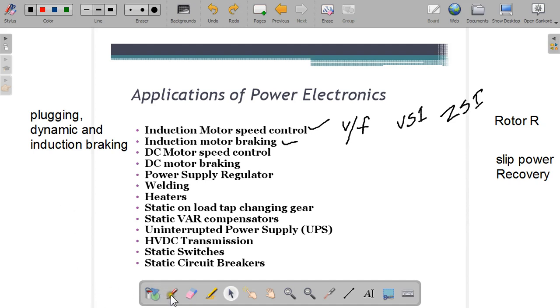Now let's talk about the third application, which is DC motor speed control. The prime methods for the speed control of a DC motor are armature control and field control.